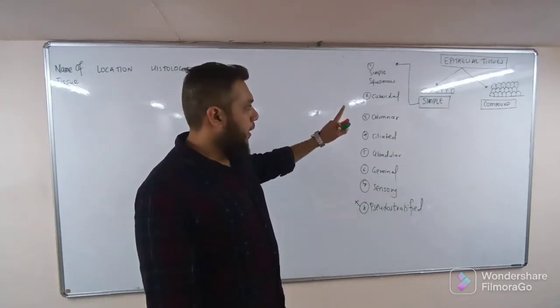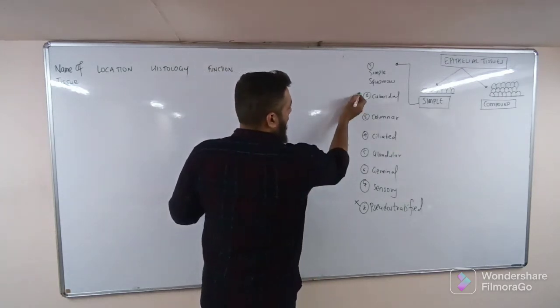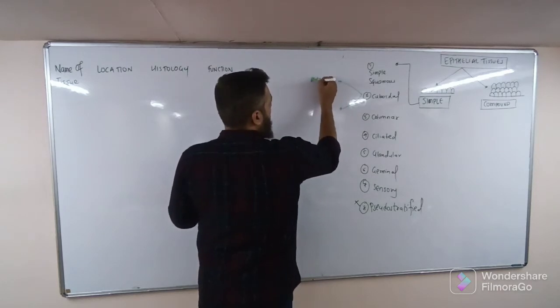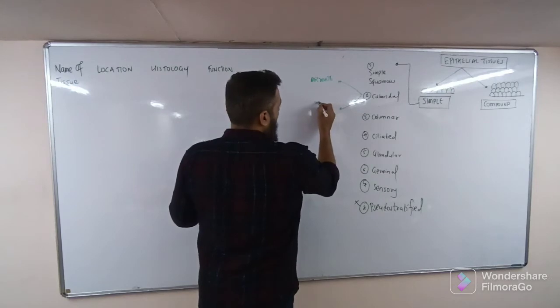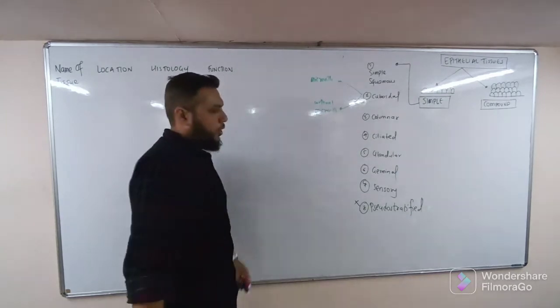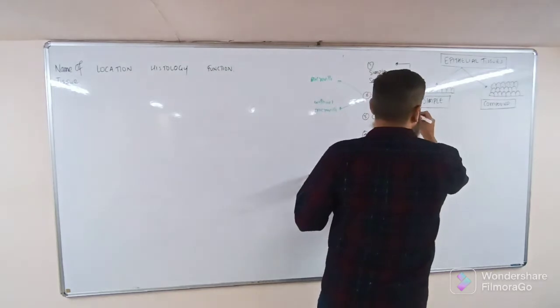Yes. Okay. I think in school you must have been told that the cuboidal epithelia can be with the presence of microvilli or they can be without the presence of microvilli. So cuboidal can be with microvilli, without microvilli. Same with columnar, bachcha.